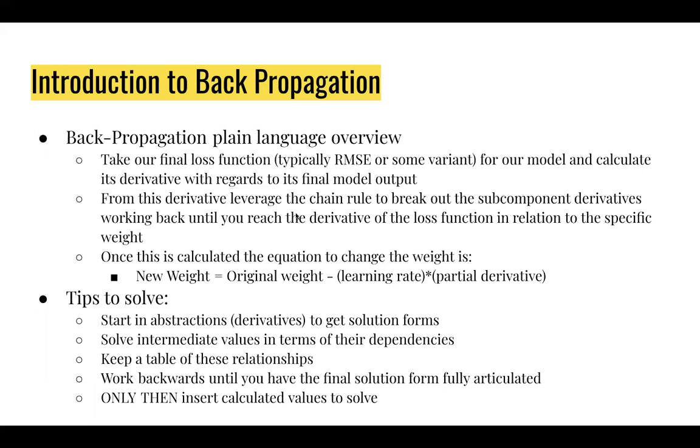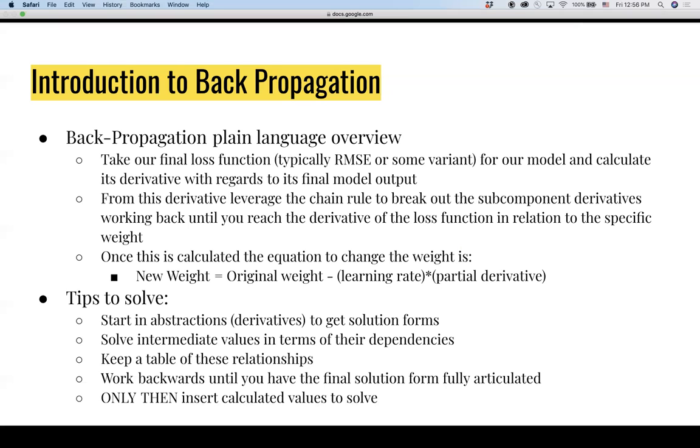From this derivative, you then use the chain rule to break out the subcomponents into partial derivatives, and then you work backwards until you reach the specific derivative of the loss function in relation to that specific weight. Once you have that partial derivative, you can take this function here: your new weight is your original weight minus your learning rate times the partial derivative.